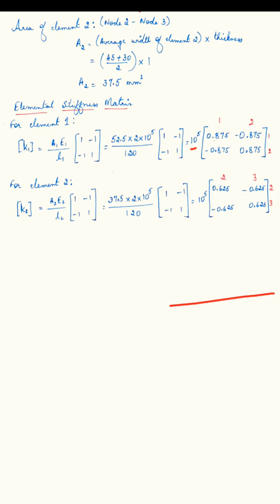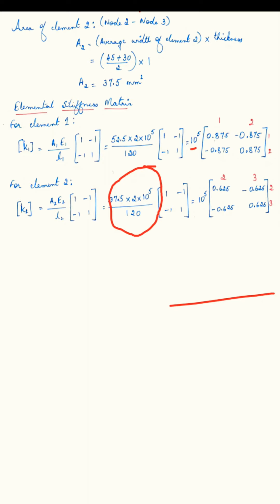So L2 is also equal to 120, multiplied by 1 minus 1 minus 1 and 1. For the value that you obtain by multiplying 37.5 into 2 into 10 to the power of 5 divided by 120, we will keep 10 to the power of 5 separate and then multiply the remaining terms inside the bracket. Why do we do this? Because when we add the elemental matrices to obtain the global stiffness matrix, when we keep 10 to the power of 5 separate, we can add the remaining terms inside the matrix.